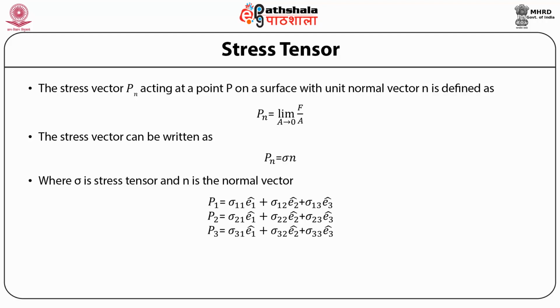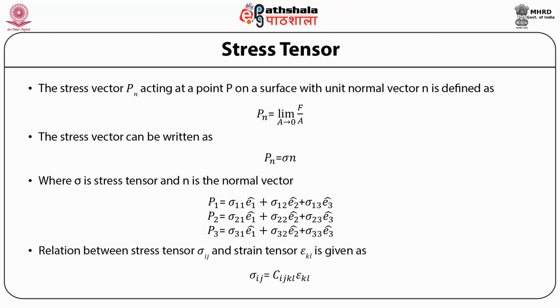P2 is equal to sigma 21 E1 cap plus sigma 22 E2 cap plus sigma 23 E3 cap. And the P3 component is given by sigma 31 E1 cap plus sigma 32 E2 cap plus sigma 33 E3 cap.